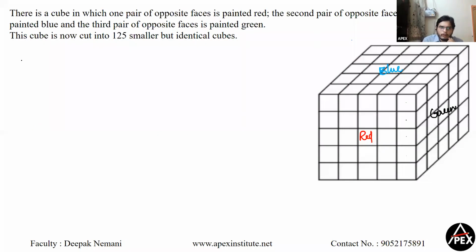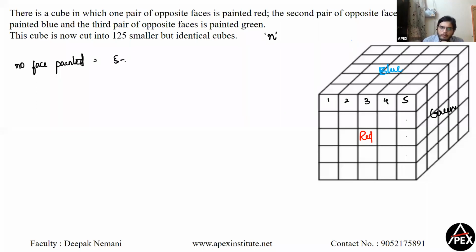So what is the formula for zero faces painted, or no face painted? The formula we have discussed is (n minus 2) cube. Here, what is the value of n? We have 1, 2, 3, 4, 5 cubes along each edge, so the value of n is 5.